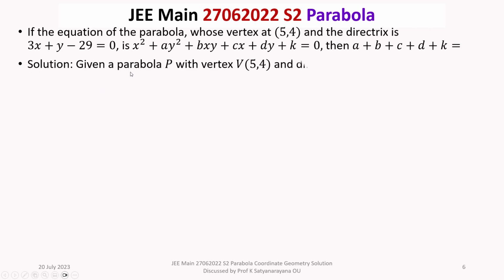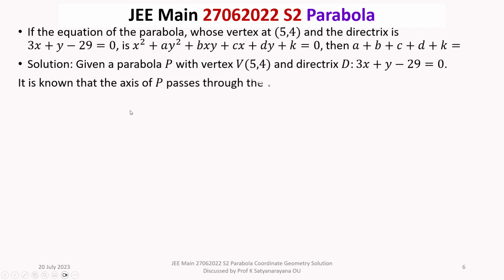We are given a parabola, name it as capital P, with vertex V with coordinates (5, 4) and a directrix D with equation 3x + y - 29 = 0.